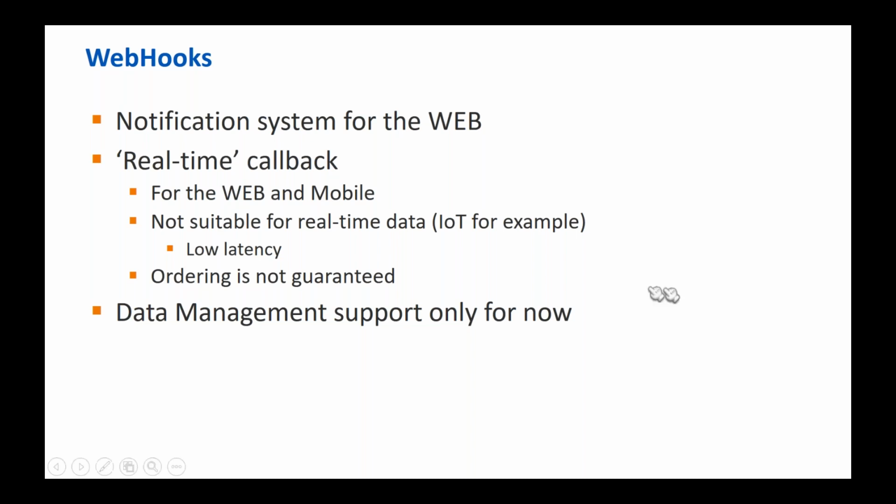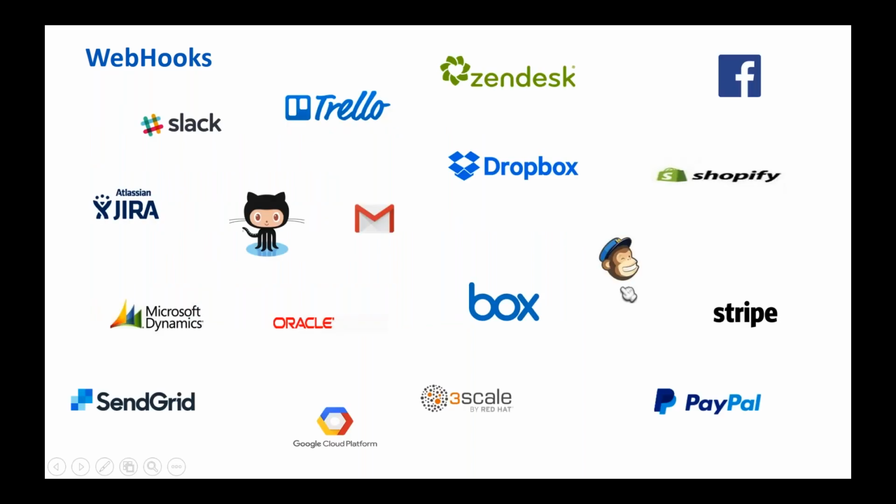So let's see how it's working. This slide is just to tell you that it's not Forge specific. That's a technology which is used by everyone. You can see that you could get webhooks for GitHub, so that's a cool example. If you put your project on GitHub, you could use webhooks to tell the Travis continuous integration to grab your latest change and do automatic testing.